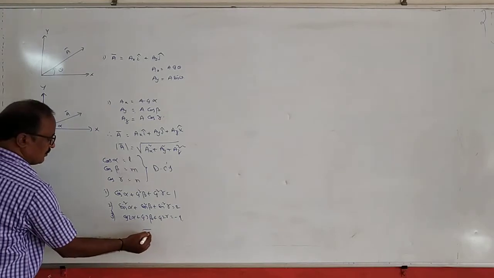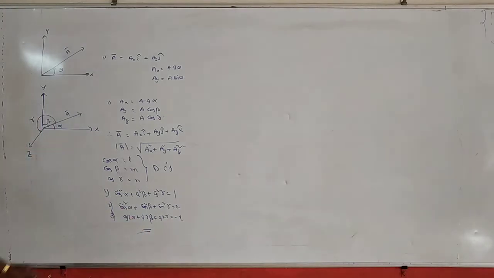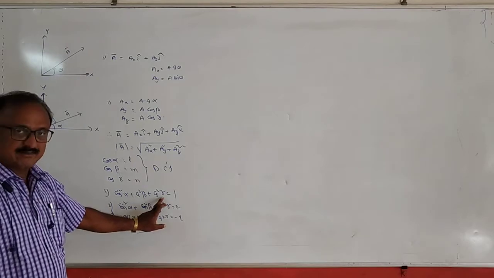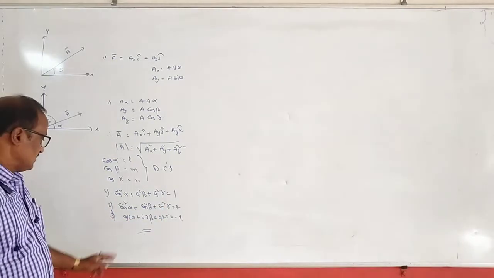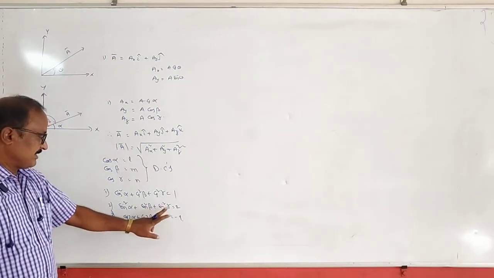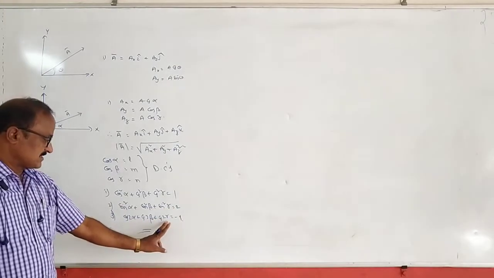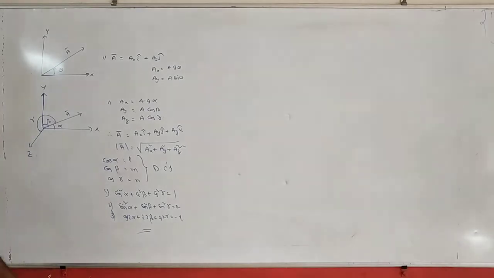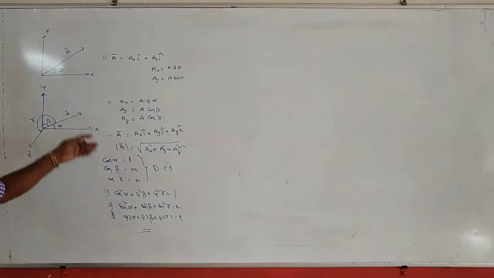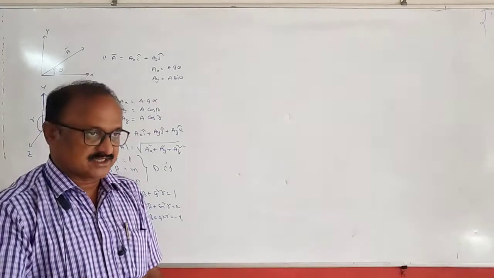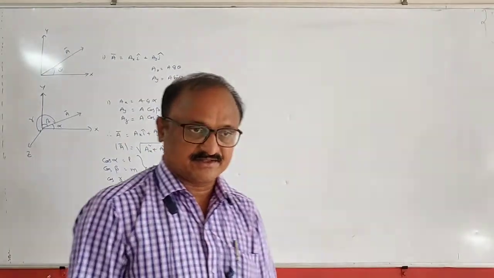Already we proved these results. Cos square alpha plus cos square beta plus cos square gamma is equal to 1. Sin square alpha plus sin square beta plus sin square gamma is equal to 2. Cos 2 alpha plus cos 2 beta plus cos 2 gamma is equal to minus 1. These are the topics we discussed in the previous class.